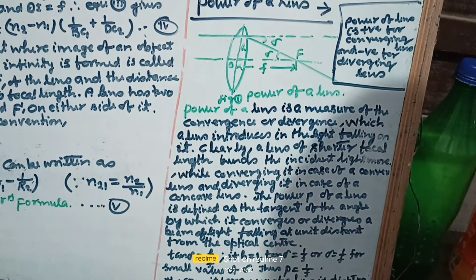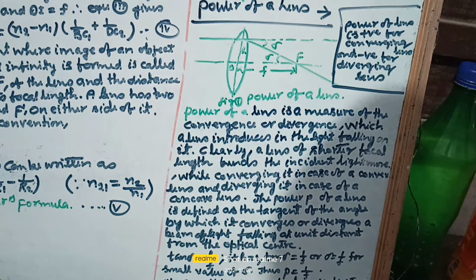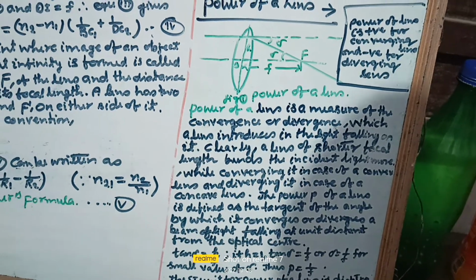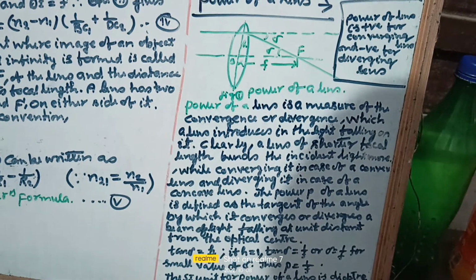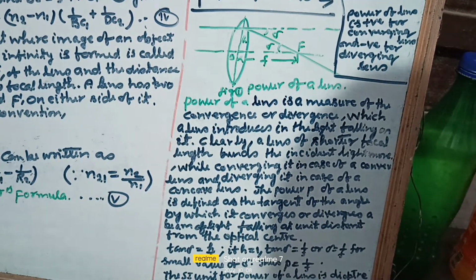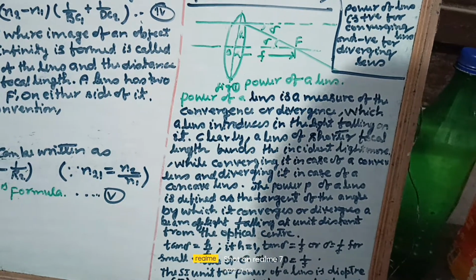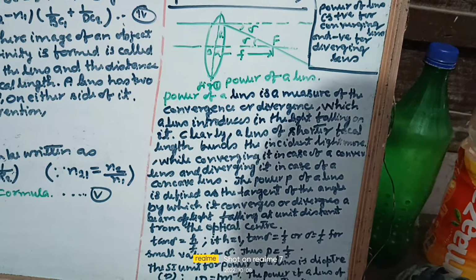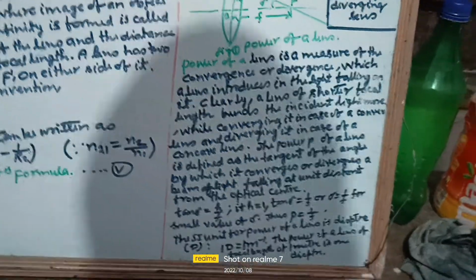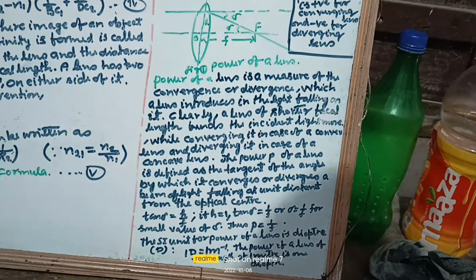Clearly, a lens of shorter focal length bends the incident light more, converging it in case of a convex lens and diverging it in case of a concave lens. The power P of a lens is defined as the tangent of the angle by which it converges or diverges a beam of light falling at unit distance from the optical center.